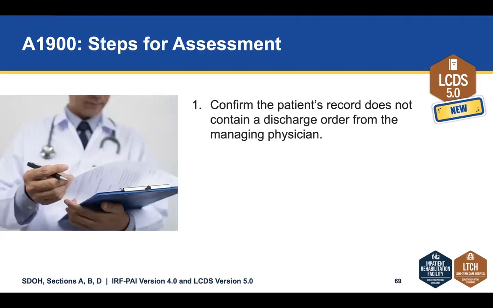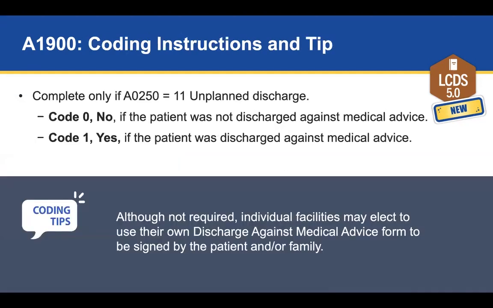There is only one step for assessment in this data element. When a patient leaves against medical advice, before coding this data element, the assessor needs to confirm that the patient's medical record does not contain a discharge order from the managing physician.